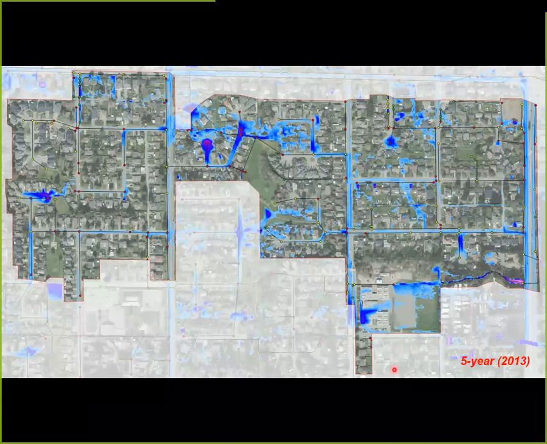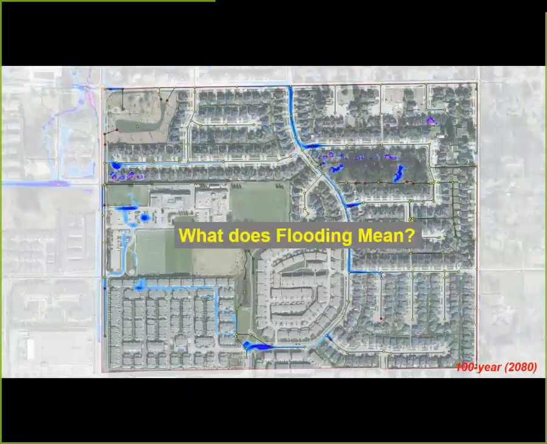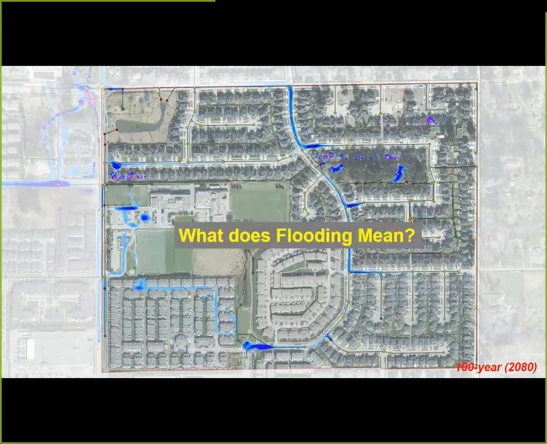But at the end of the day, what we're really trying to figure out now that we know the flooding extents is, what does this flooding mean? Is this material to our study area? And how important is it that we develop some mitigation options?